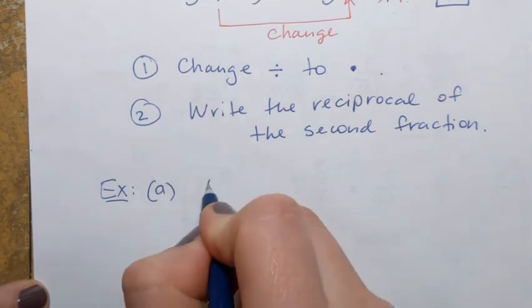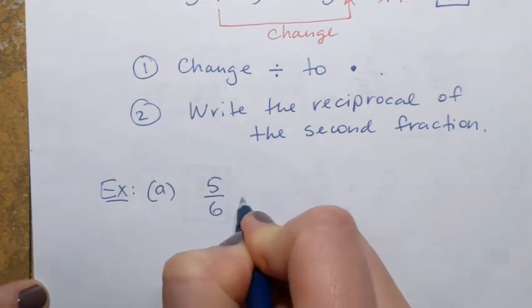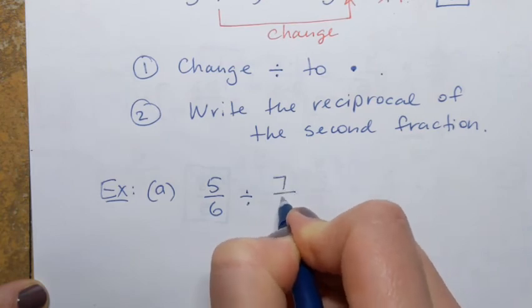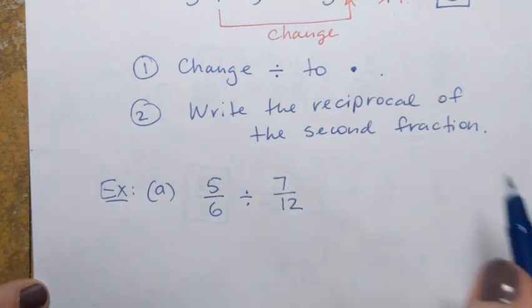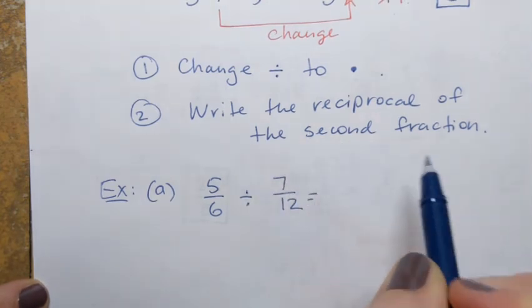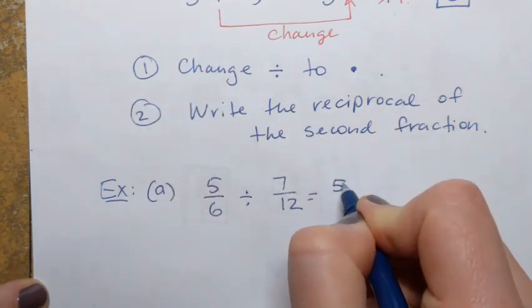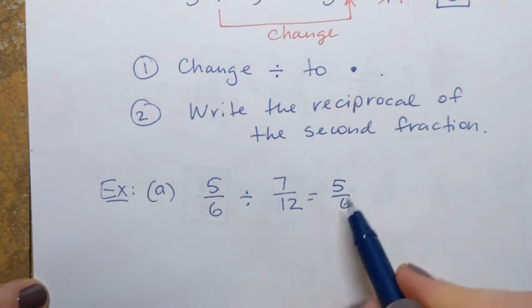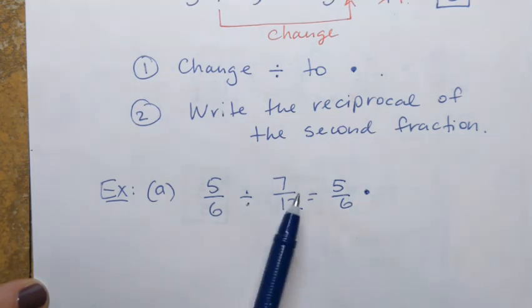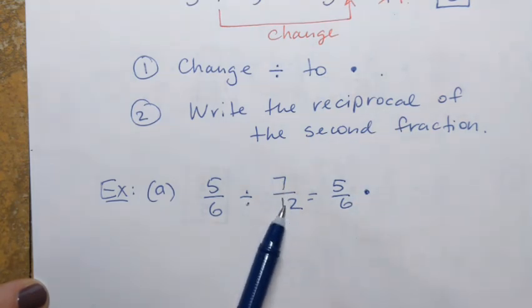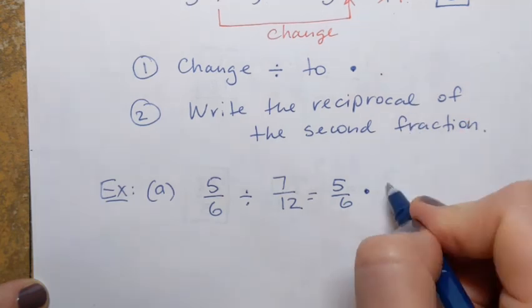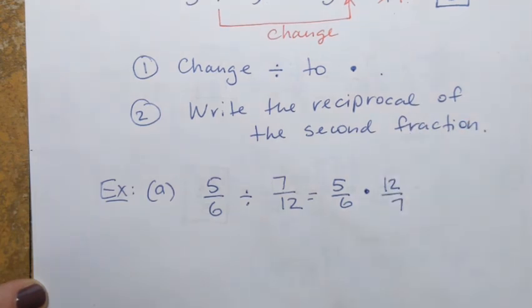A. Let's say we have 5 over 6 that we need to divide by 7 over 12. Well, that's a division operation, so I have to make those two changes, right? First fraction I keep, but then division I change to multiplication. And then I'm taking the reciprocal of this fraction, which means that I'll have to write 12 over 7. And then multiplying.